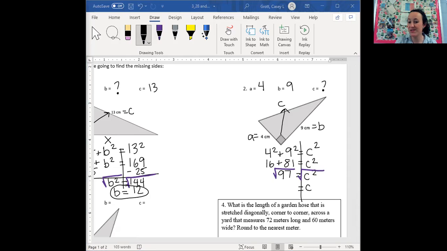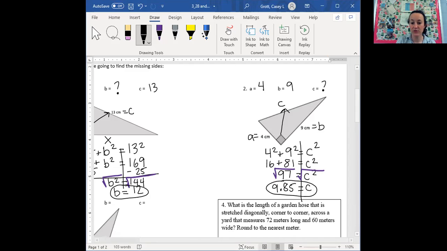We're going to get some decimals, guys. Don't freak out. What we'll do is estimate, rounding to 2 places after the decimal. So I end up with 9.85 for my answer. That is how long side C is.